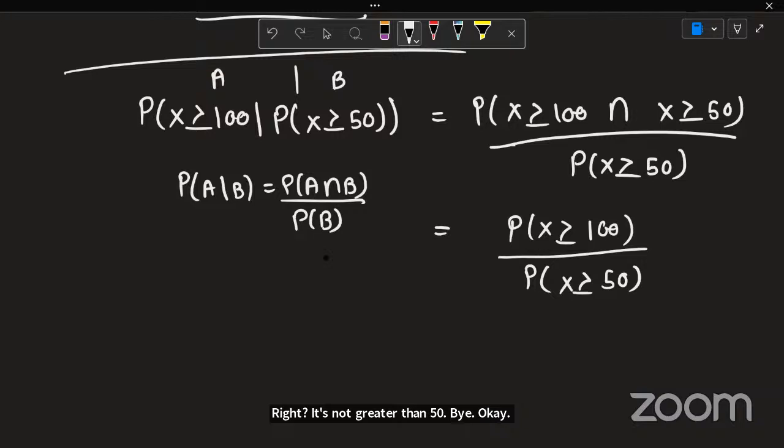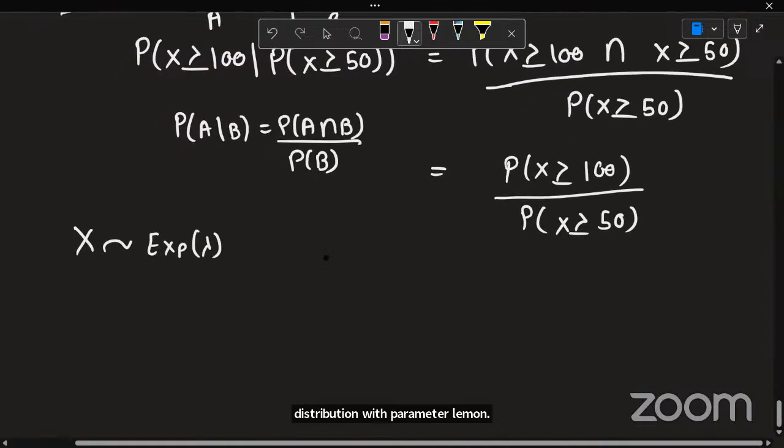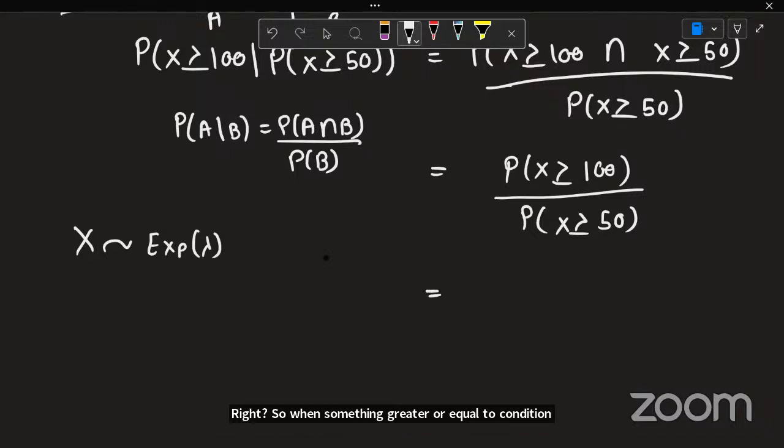So they have given one more condition there: X is following exponential distribution with parameter lambda. So when some greater or equal to conditions are there, what will we do? We'll go for less or equal to conditions, right? Why?